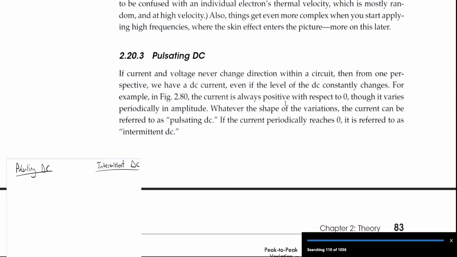Okay, so pulsating DC is the varying voltage that doesn't reach zero, right? Always positive, meaning above zero.